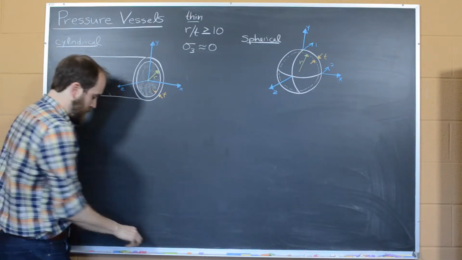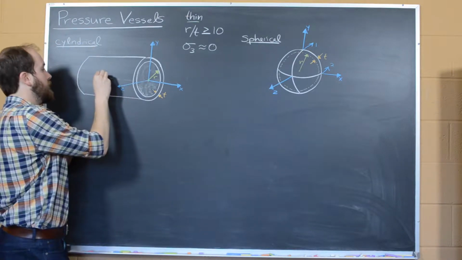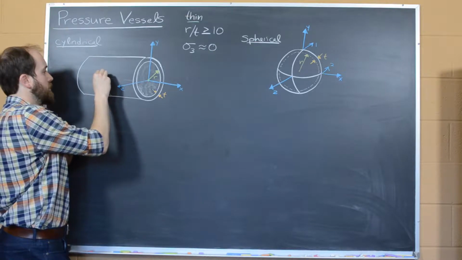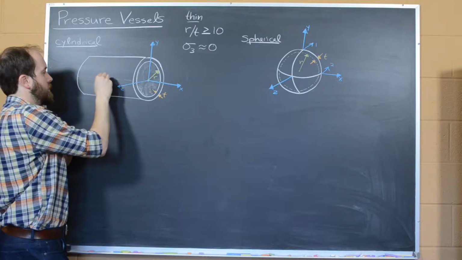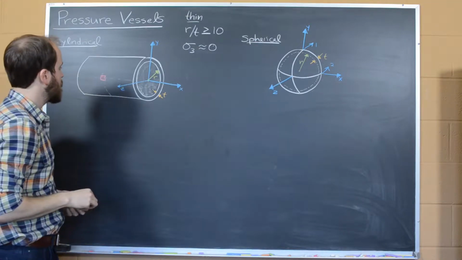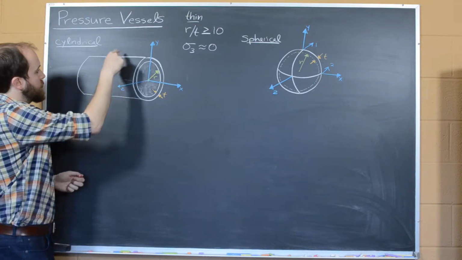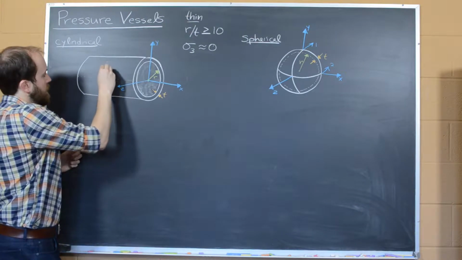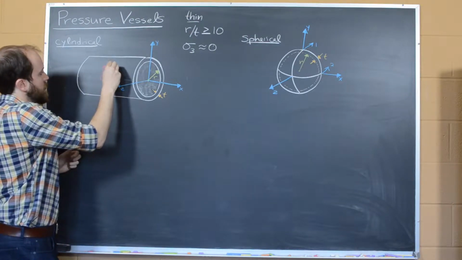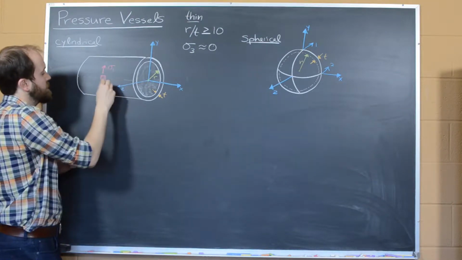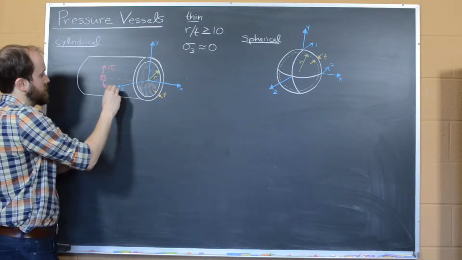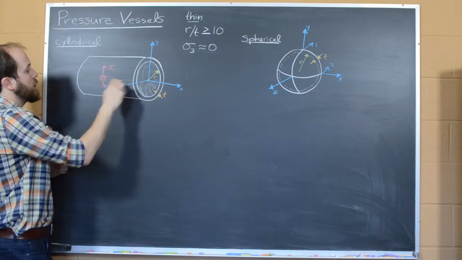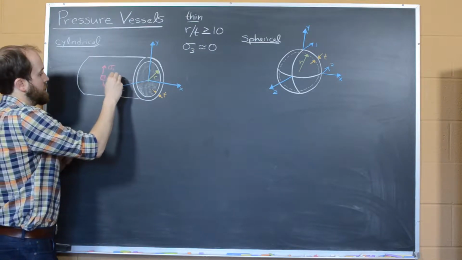And that sounds worse than it is. What that means is that we're going to kind of draw a plane on this structure. And the 2 stresses we're interested in are going to run along the circumference. We're going to call that sigma 1. And they're going to run along the longitudinal or axial direction.